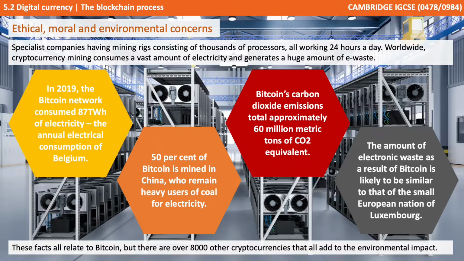And the amount of electronic waste produced as a result of Bitcoin, in terms of burnt out cards and other hardware, is similar to that of a small European nation. You've got to remember, all these facts I'm showing you here relate to Bitcoin. There are over 8,000 other cryptocurrencies, all of which add to the environmental impact.